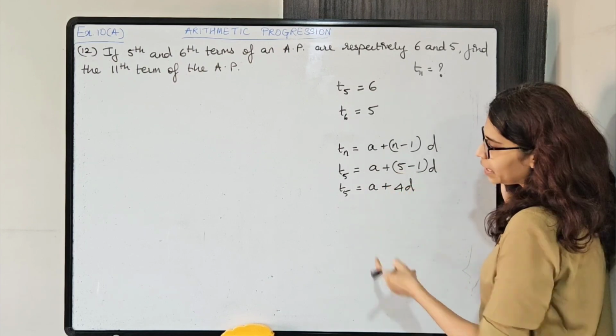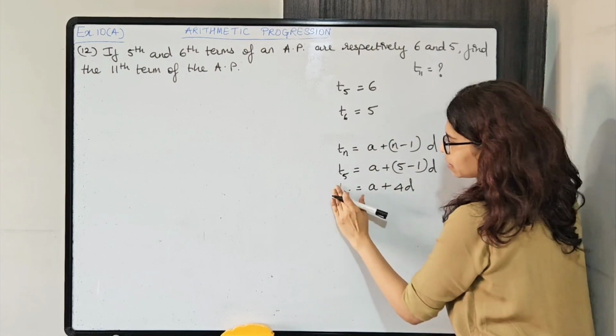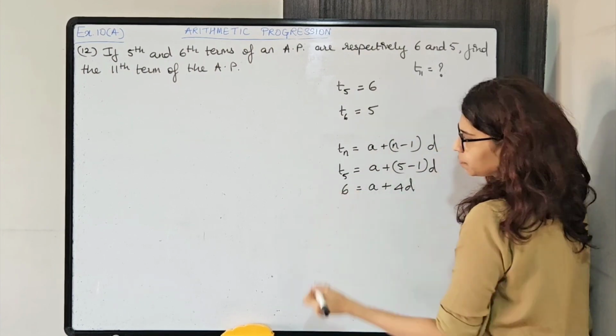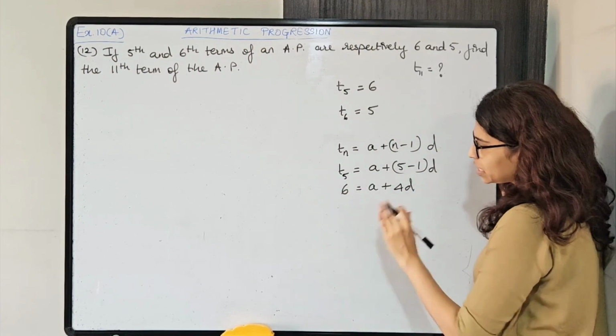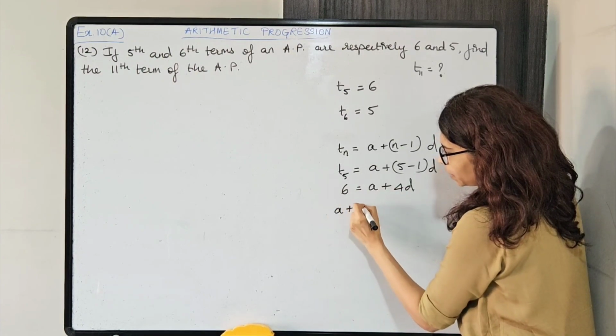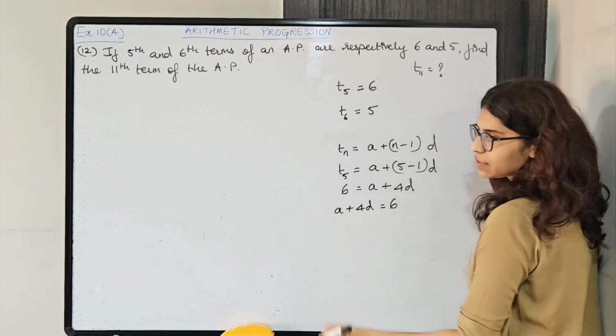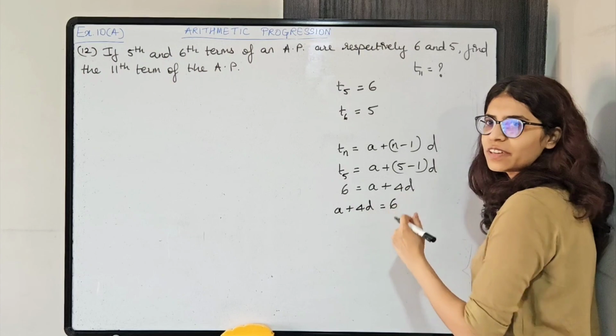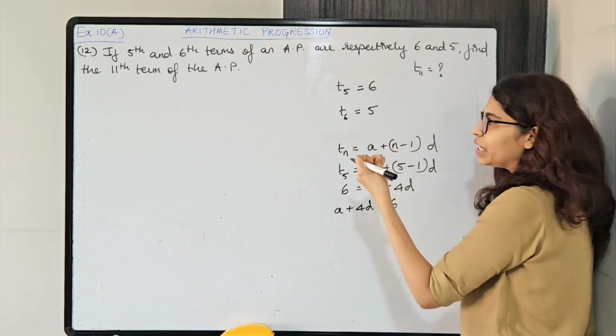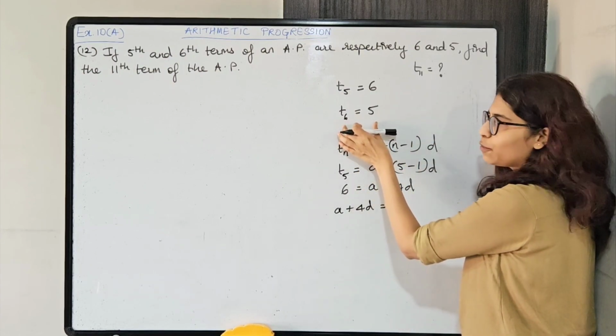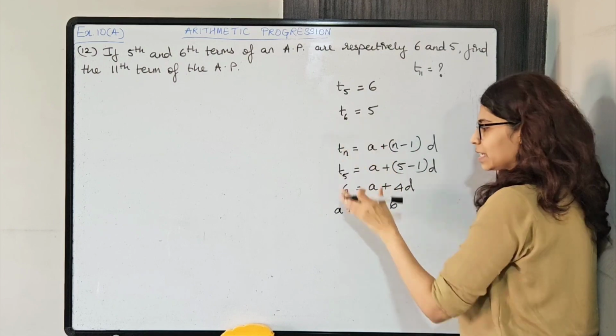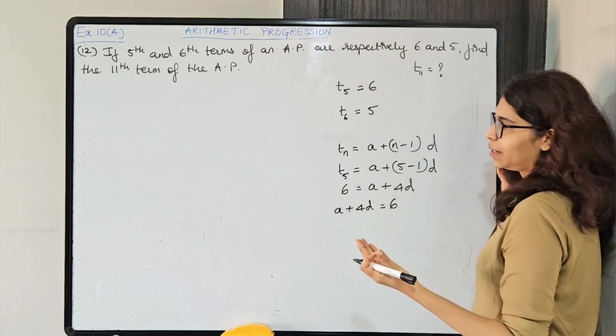T5 is 6. Just switch the sides, you are getting a plus 4d is equal to 6. Same way you will get one more equation in terms of a and d from this.